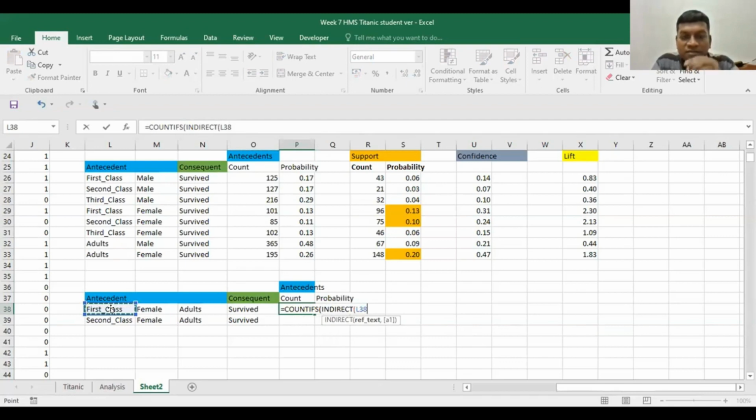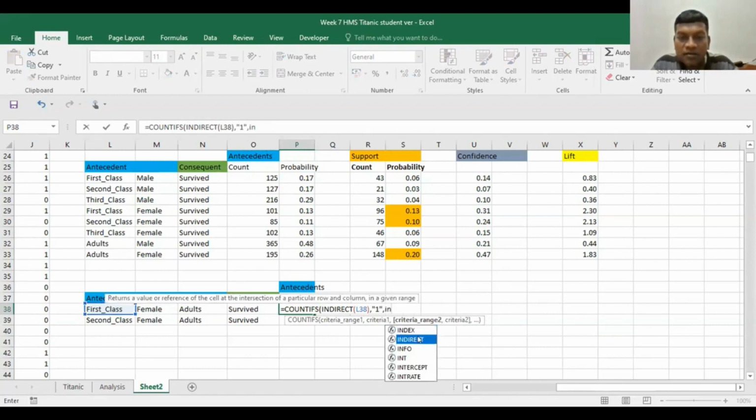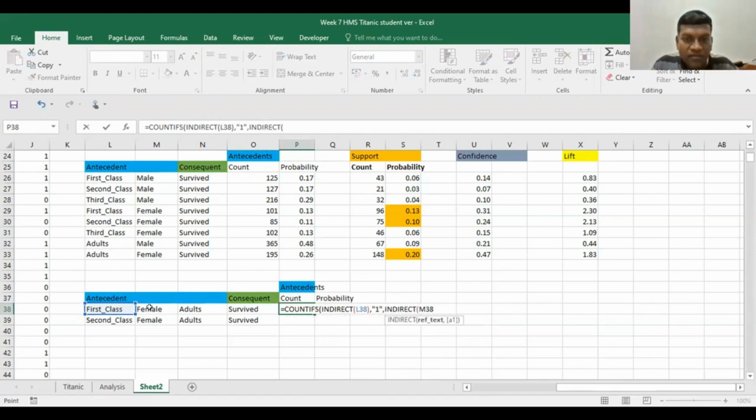This first class should be equal to 1, comma, indirect, female, that is M38, equal to 1, and third indirect, adult.